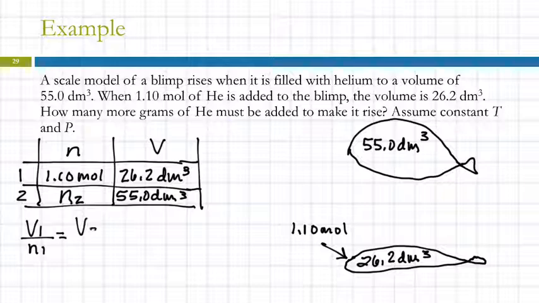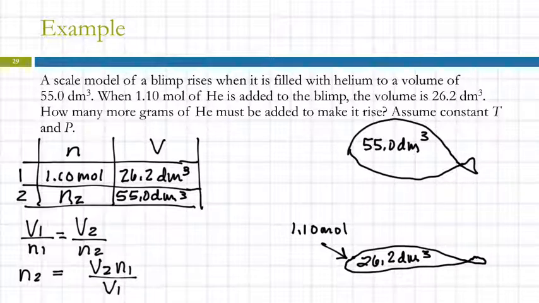V1 over N1 equals V2 over N2. We're solving for N2. N2 is V2 N1 over V1. So what did I do there? I took the N2, I put it up here, I put the V1 down there, and I put the N1 up there. If you want to see that all written out, ask me after, and I'll do it for you.